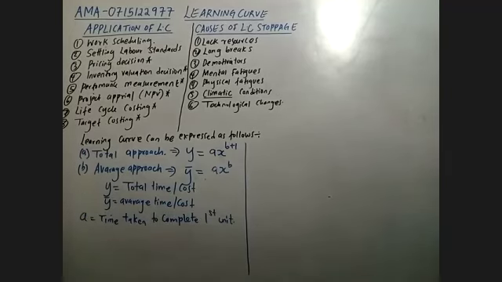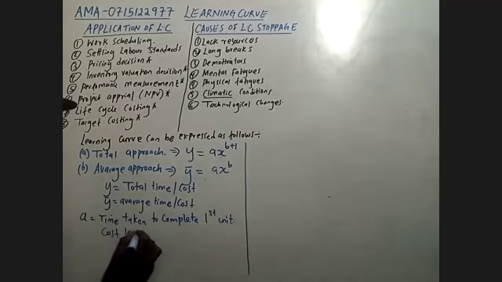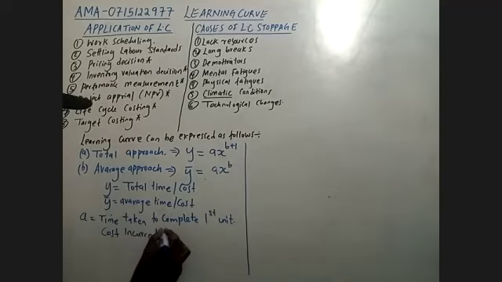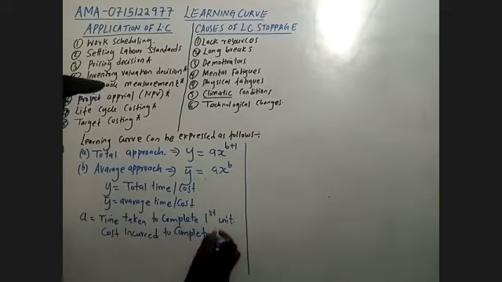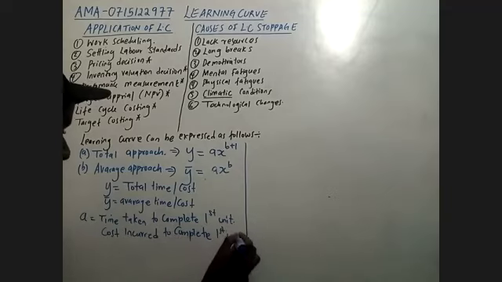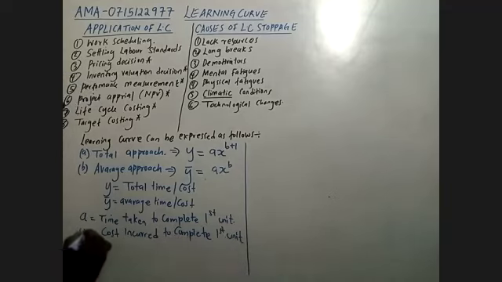It can also be cost incurred to complete one unit, depending with the question. So it is to check the question well. So it can be cost, it can be time, depending on the question.